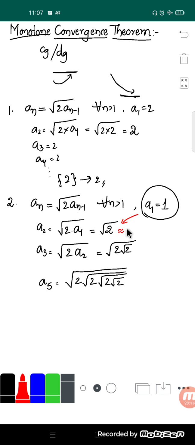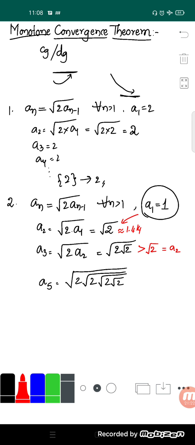This value is approximately 1.414. Here 2 is multiplied by a number which is greater than 1, so this number is increased further, and taking the square root of it will be greater than root 2 itself, which is a2. So a3 is greater than a2.